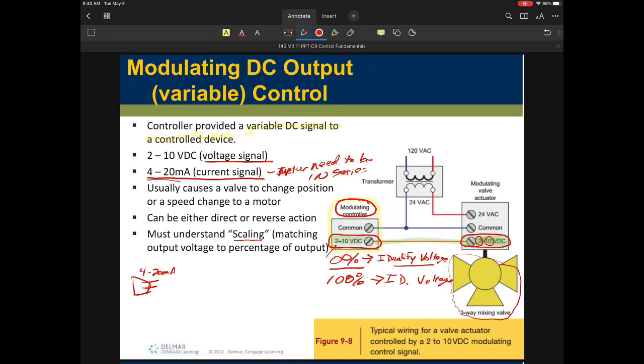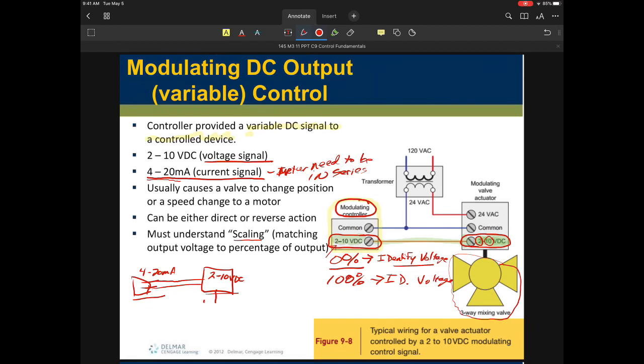One of the things I've had to do in the field to be able to do this is, I had a controller that gave me a 4 to 20 milliamp output, and it went to my control device, and my control device operated over, let's say, a 2 to 10 volt DC signal as an example.